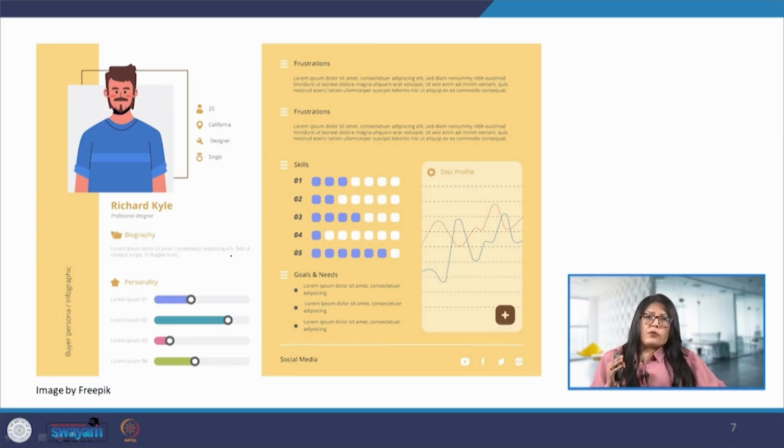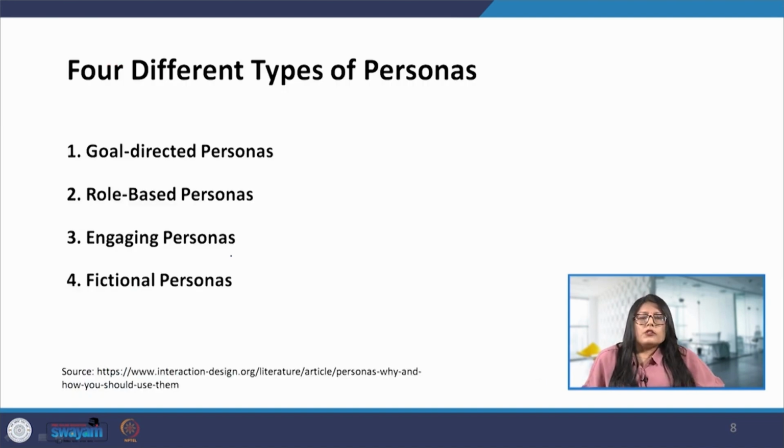So, personas provide a user centric framework that fosters empathy, focuses design efforts, helps decision making and also facilitates the problem identification in the design and development process. So, in Interaction Design Foundation Encyclopedia article Persona, Nielsen, who is a specialist in personas, describes 4 different types of personas. So, this ensures that they add the most value to the design project.